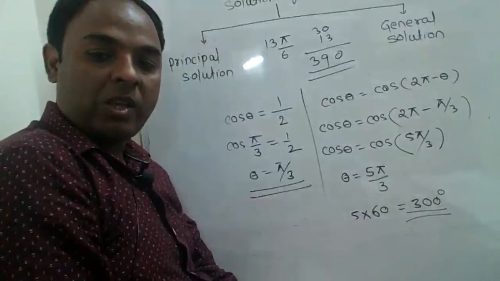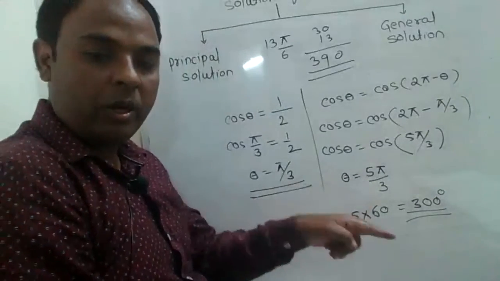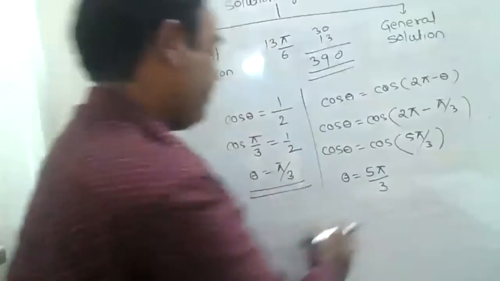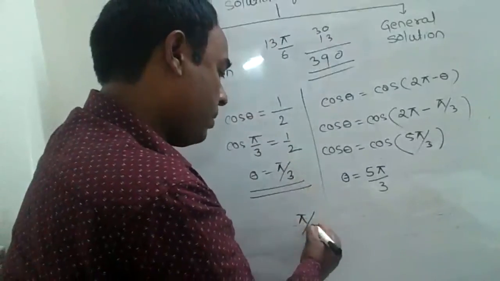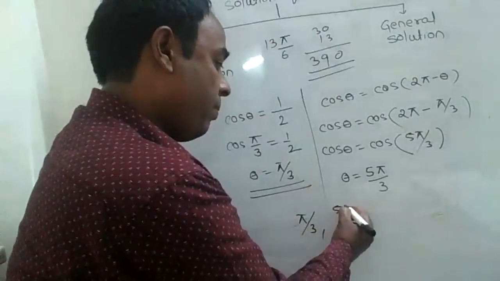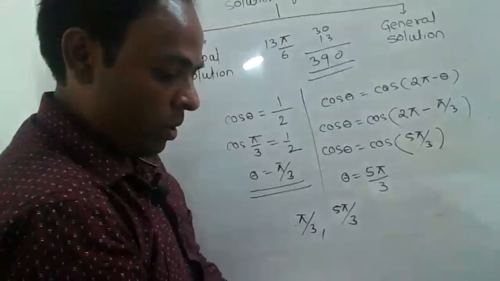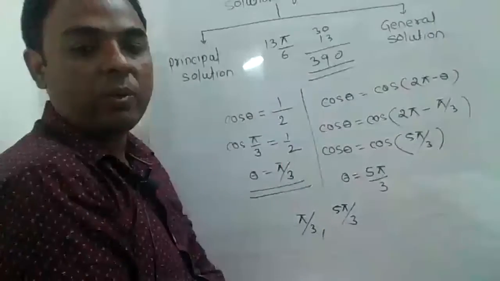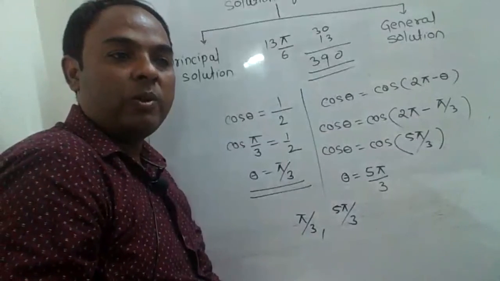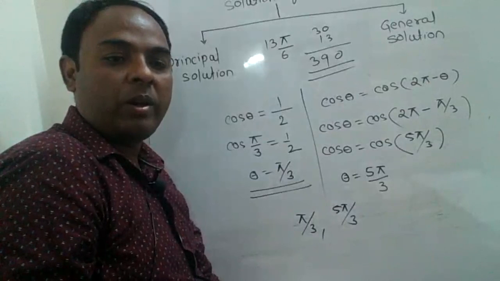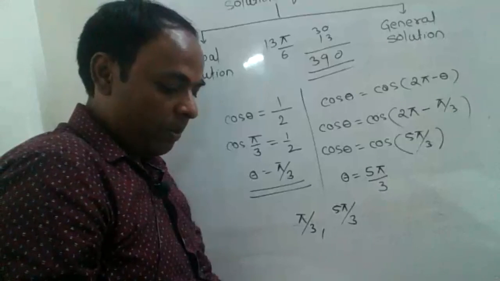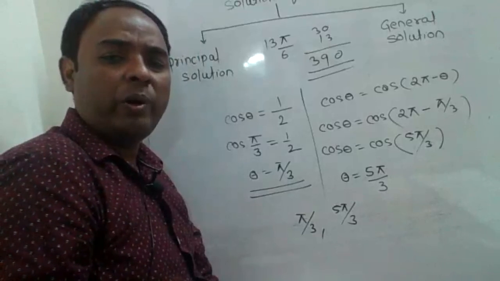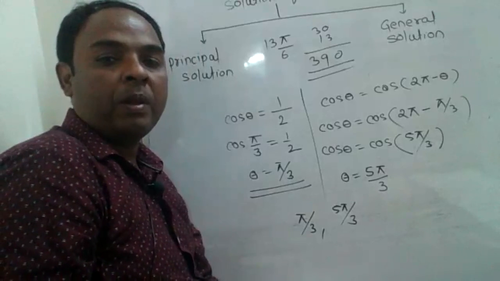It is less than 360 and greater than 0. So therefore pi by 3 and 5 pi by 3 are the principal solutions of cos theta equal to 1/2. Clear? So these are some examples I have given you of how to find principal solutions. We are going to see a number of examples, don't worry, ठीक है.